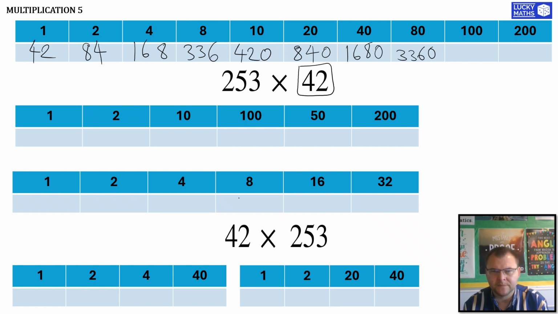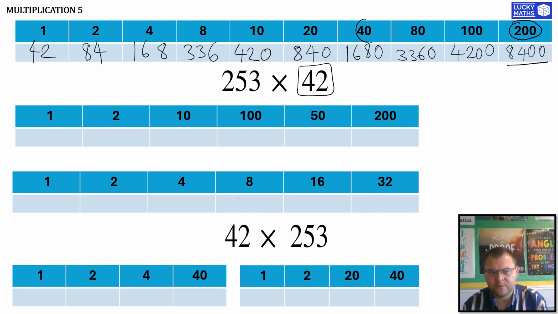I'm basically writing the numbers below, 1, 2, 4, 8, with a 0 on at the minute because they are 10 times bigger. And now, if I take the 10 and the 20 lots and multiply those by 10, 4,200, 8,400, because I want to make 253 lots of 42. So I'm interested in the 200 lots.